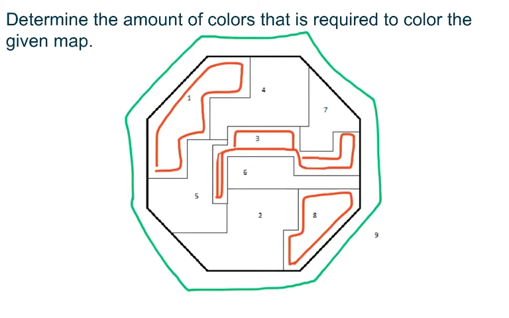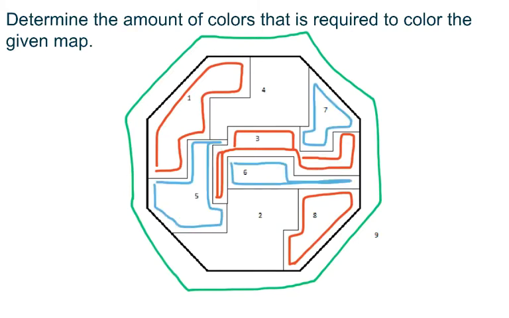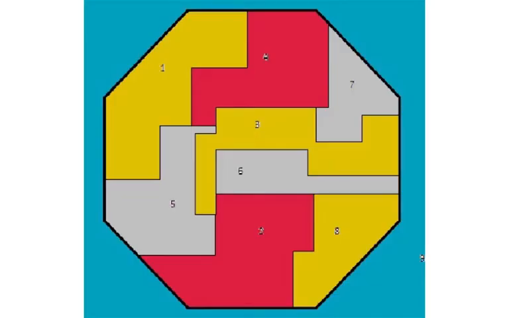They can all be colored the same. So I've indicated here that they could be red. Same thing with 5, 6, and 7. They're all separated by some other region, so they can be colored the same. And then 4 and 2. So here's a more detailed coloring of this map.